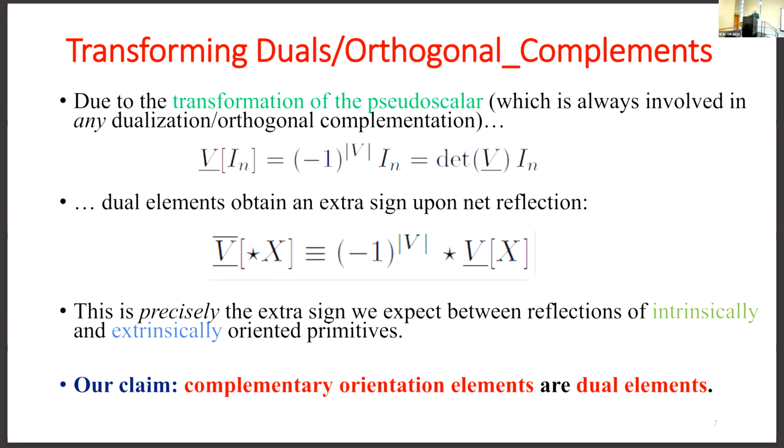So that means that we get a different meaning for dual than we had before. We originally saw it as just another representation of the same element, a representation that allowed us to swap wedge products for dot products. We are now claiming that they're actually different geometrical elements if you pay attention to the orientation. And we're going to try and see whether we can carry that through consistently.